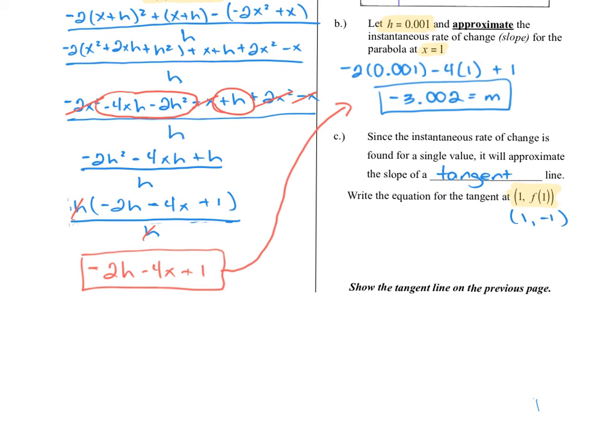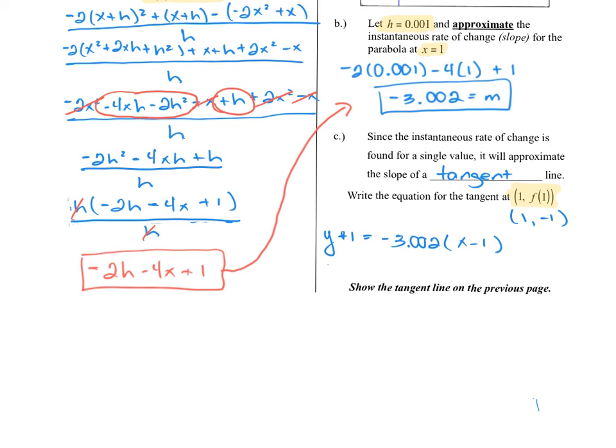So just pulling that from the previous video, or recalculating it for our function, we would get the ordered pair 1, negative 1. If I want to write the equation for my tangent line, I'm going to start with my point slope form. So I'm going to have y plus my y value equals the slope we've just calculated, negative 3.002, times x minus my x value.